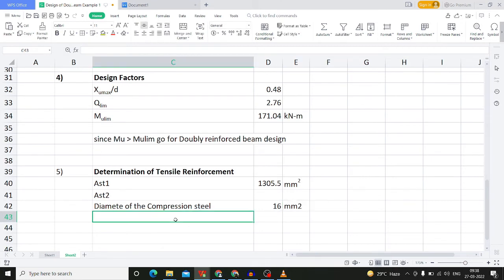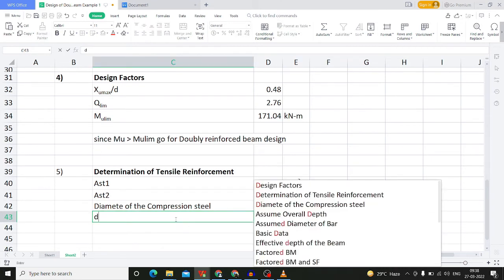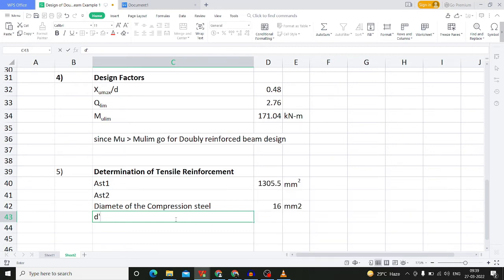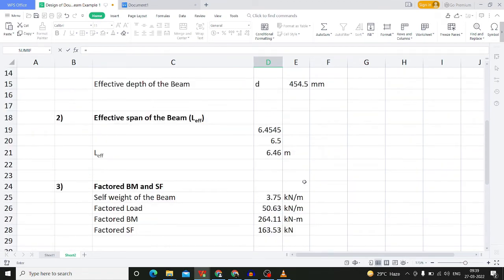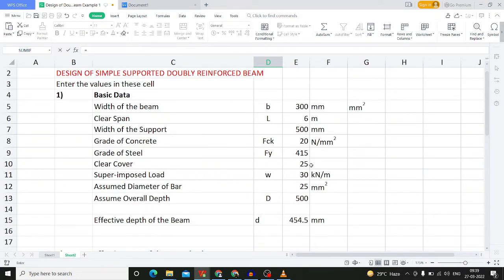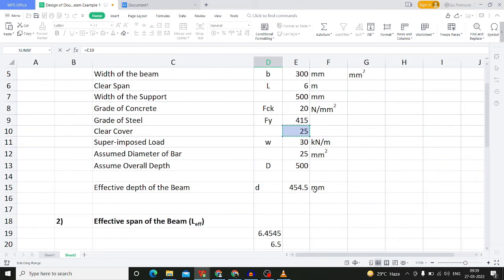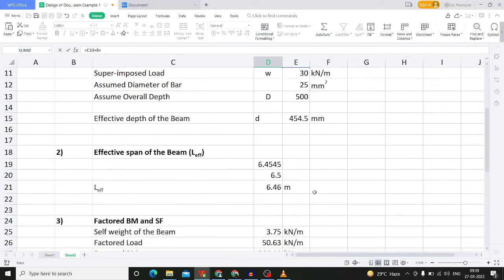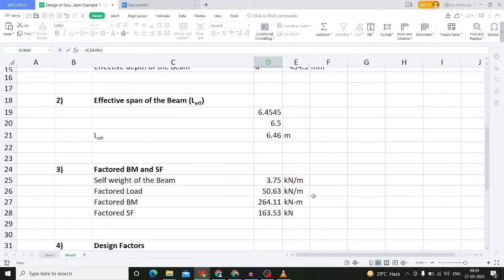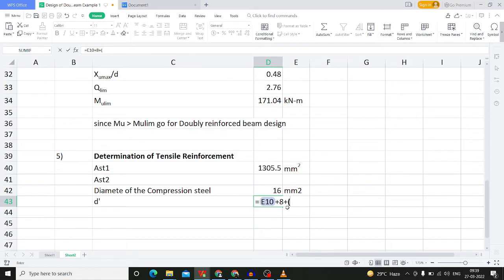Now we can find d dash equals clear cover, which is given in the data, plus the diameter of the ring, that is 8 mm, plus half of the diameter of the compression steel, 16 divided by 2, bracket close. So this is the effective cover for compression steel.